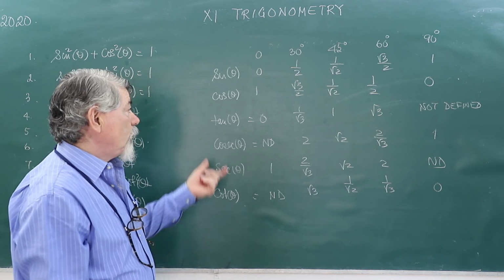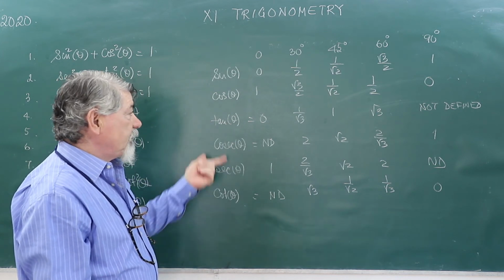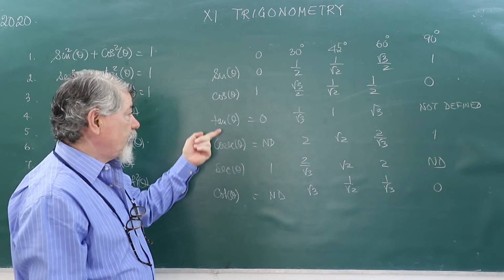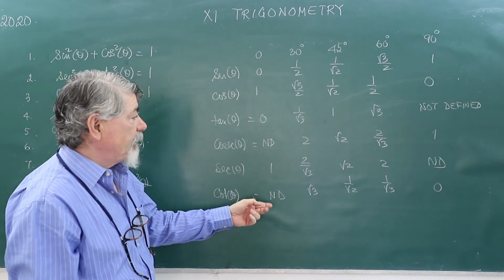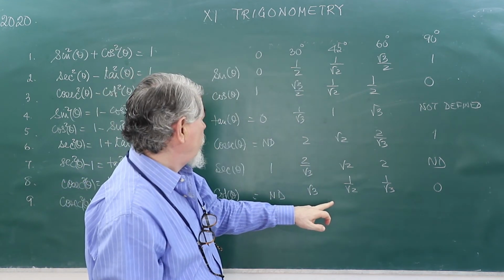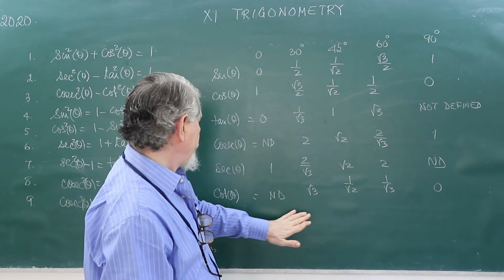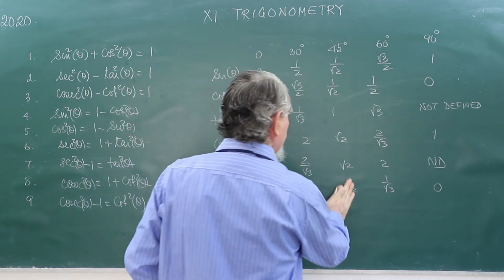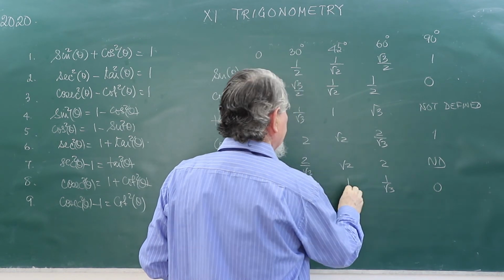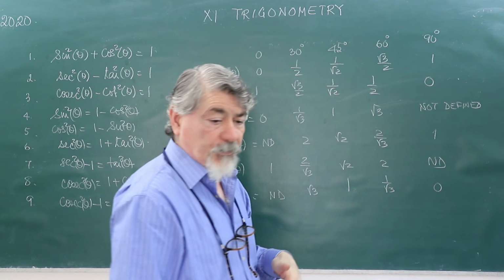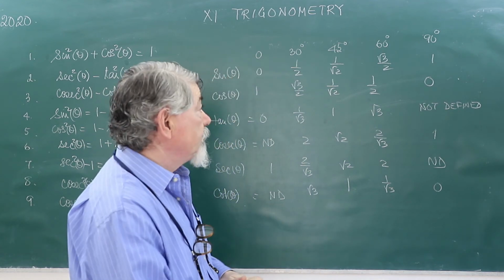Cot theta is the reciprocal of tan theta. 1 upon 0 is again not defined. If you get root 3, you get 1 here. Cot theta should be 1 here, not 1 by root 2. And 1 upon root 3, and of course 1 upon not defined is 0.